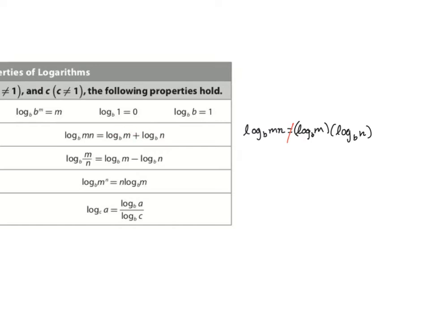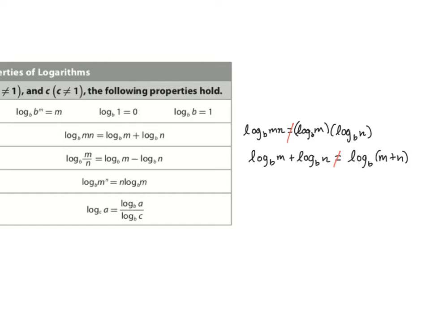Another really common mistake that I see is if you were moving the opposite way, because of course we can go from here to here. This property works both ways. If we're starting like this, a lot of people say, oh, this is just the log base b of m plus n. So that is not true. If you have the sum of two logarithms, you can combine them into one by multiplying these values.